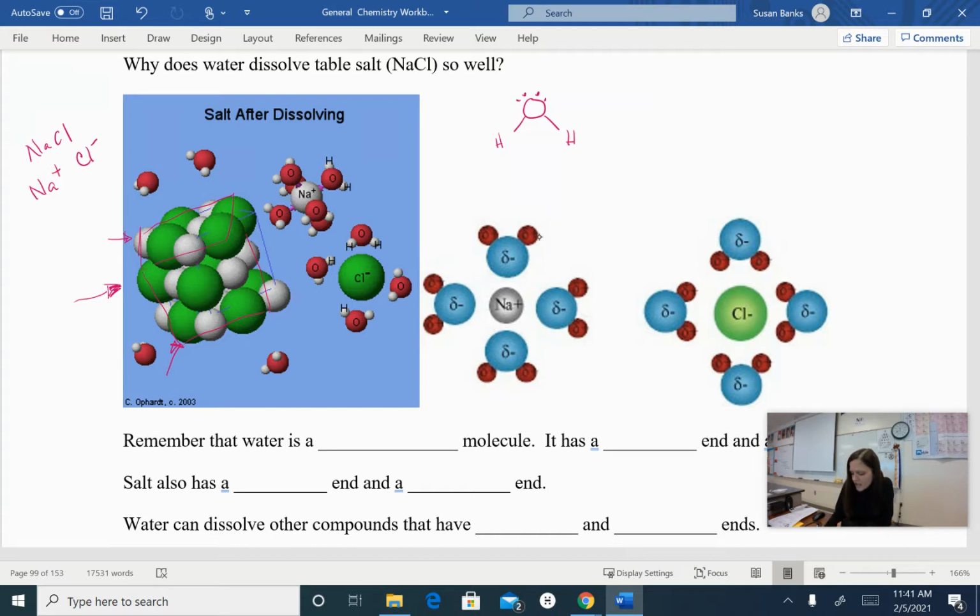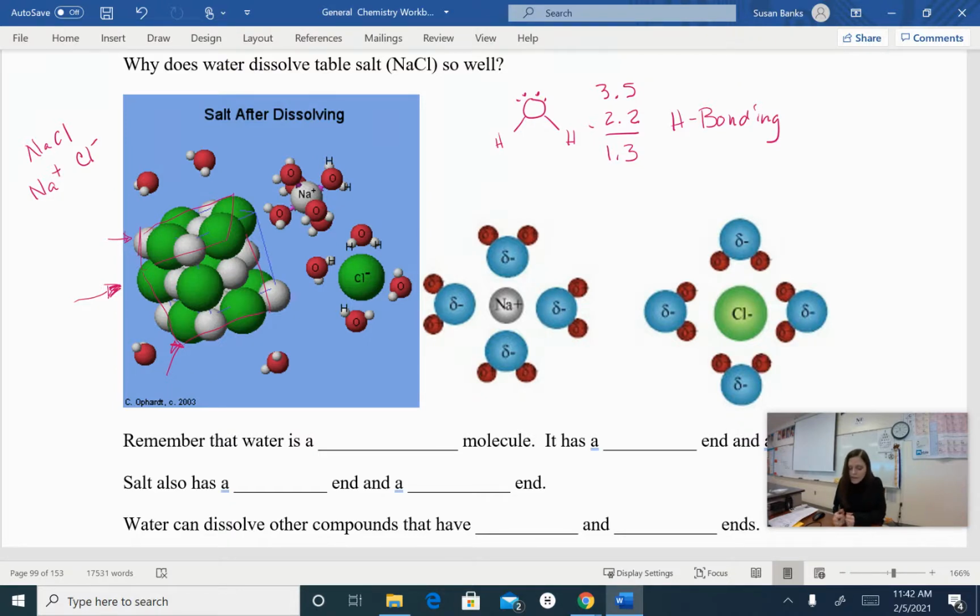So oxygen has an electronegativity of about 3.5, and hydrogen has an electronegativity of about 2.2, which gives us a difference of about 1.3. And we also have oxygen bound to hydrogen, which gives us hydrogen bonding, which makes that electron pull of the oxygen even stronger.